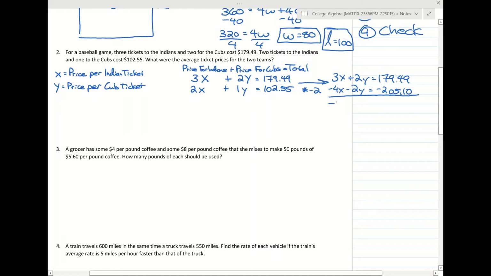That would give us -x is equal to -25.61. If you divide by -1, you get the price per Indian ticket is equal to 25.61.